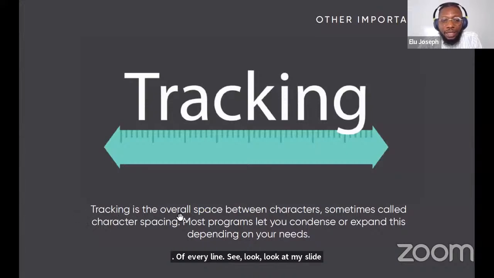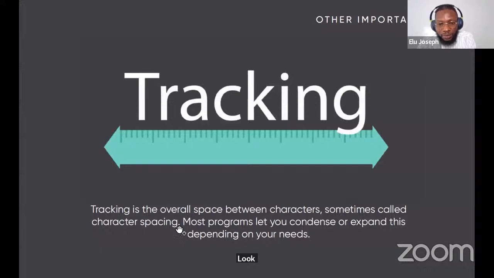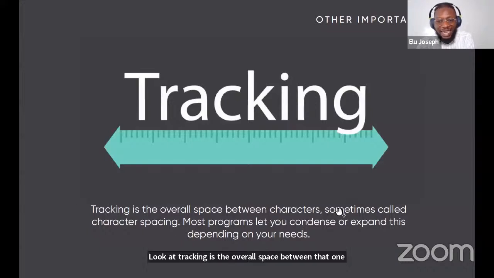Tracking is the overall space between characters, that's one line. Character spacing, full stop, most programs let you, that's another line. Depending on your needs, that's another line. Now, the space you see in between these three lines is called leading.